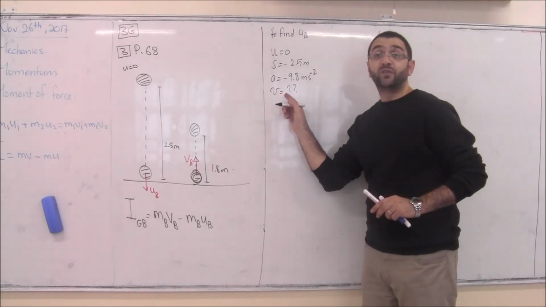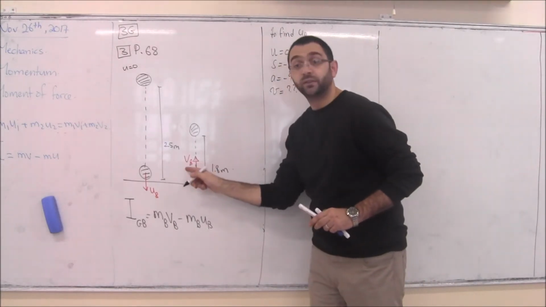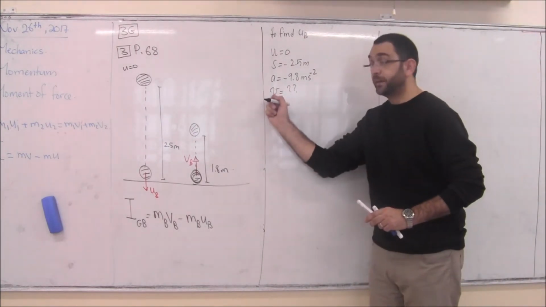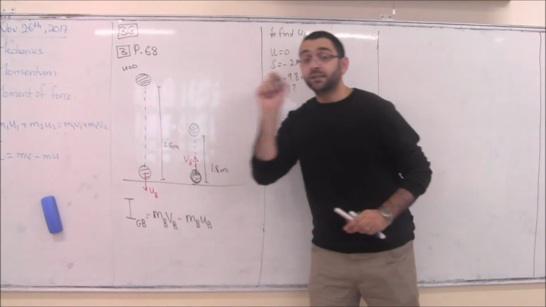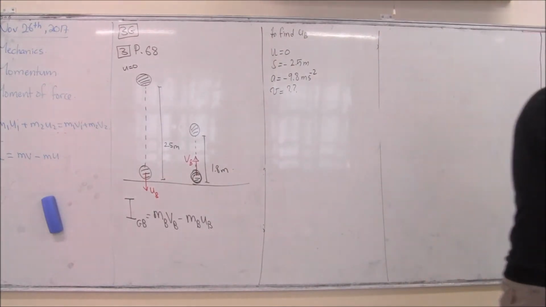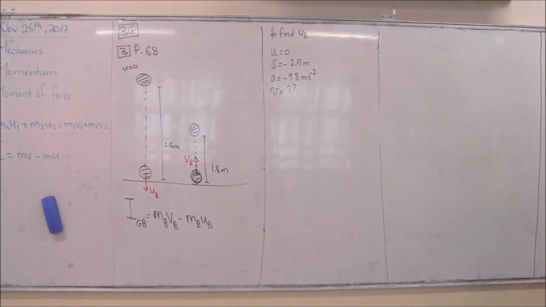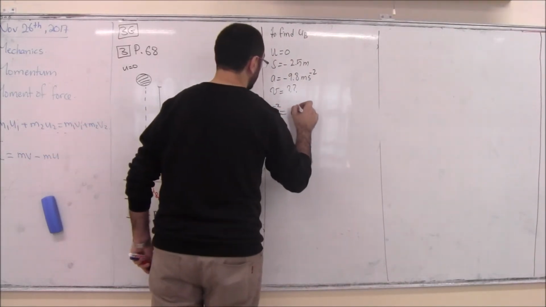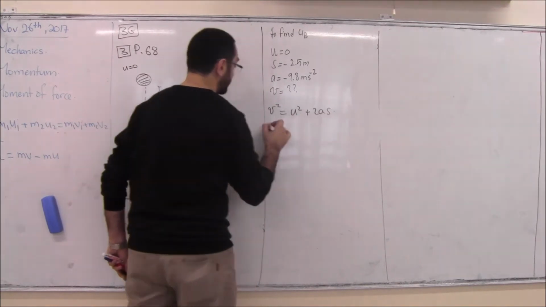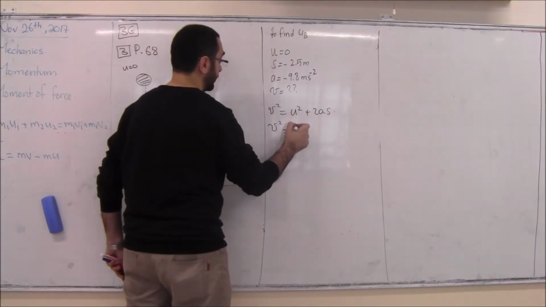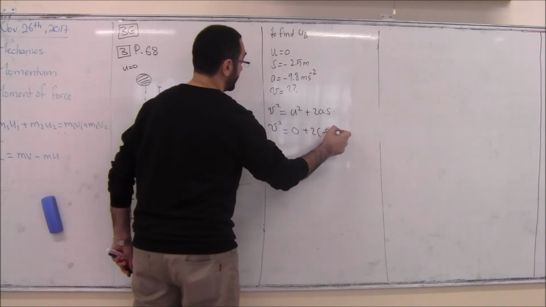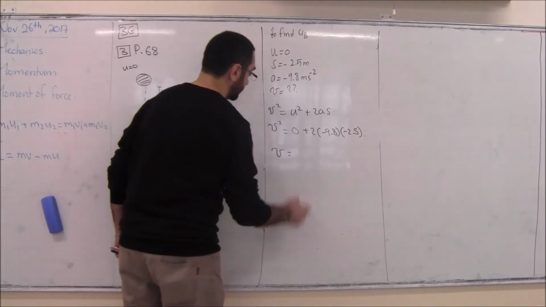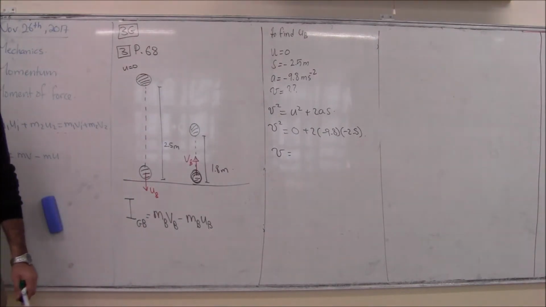The V that we will find here is exactly the speed immediately before the collision. So V squared equals U squared plus 2AS, V squared equals 0 minus 2 times 9.8 times 2.5, V equals 7.